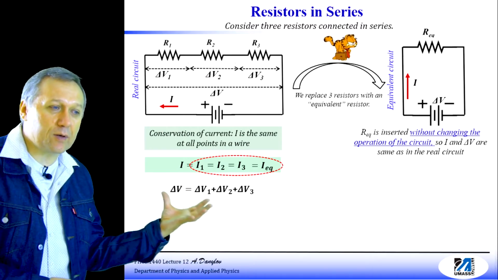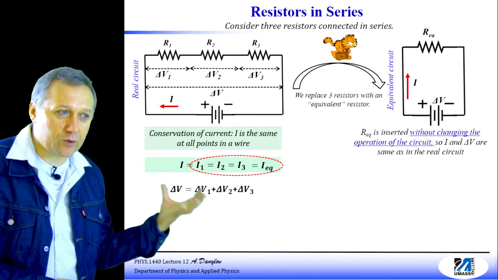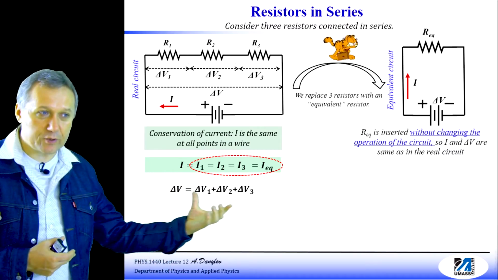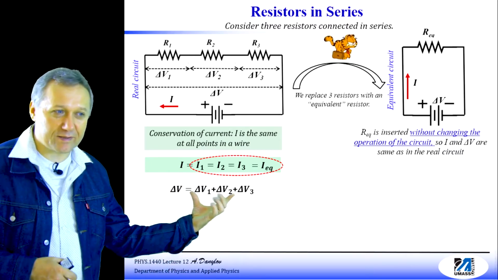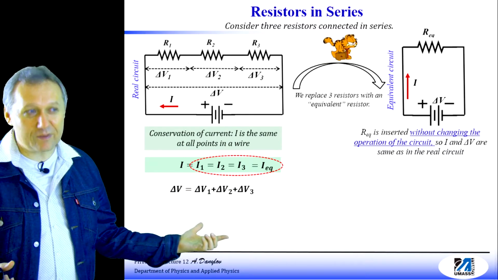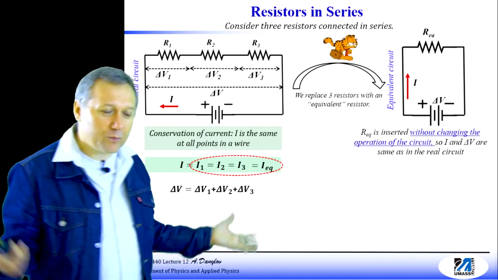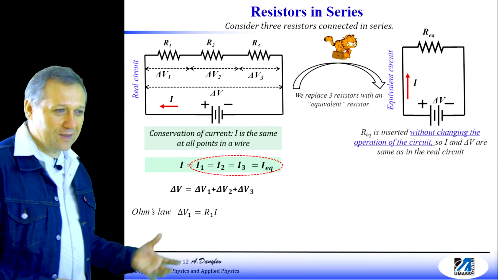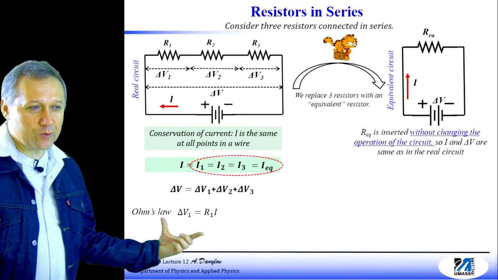Again, great. What I like about this is that we got an expression to derive our formula for the R equivalent. But of course, we need to introduce resistances in this expression. How can that be done? Again, Ohm's law, which connects all these three parameters. I'm going to use it in this form.